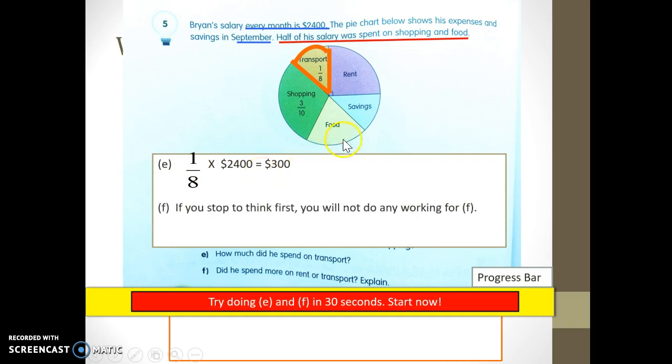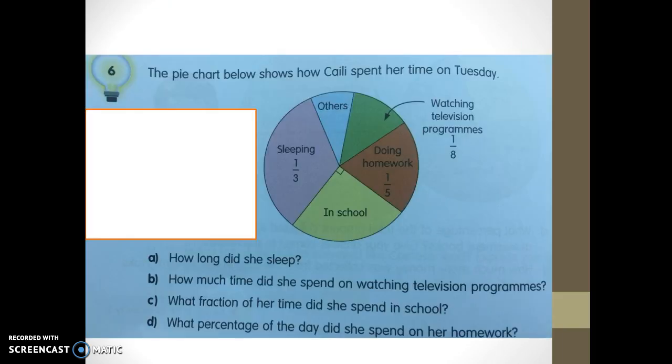Now, for part F, there's actually no need to do any working. You can just say that the portion that represents the rent is bigger than the portion that represents the transportation. Or you can just look at the fraction. 1/4 is simply bigger than 1/8. It is straightforward. Now let's look at question 6.